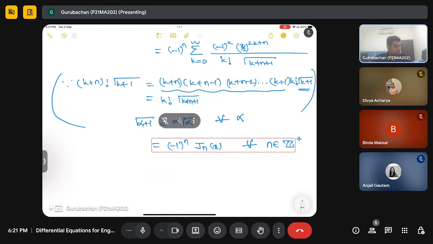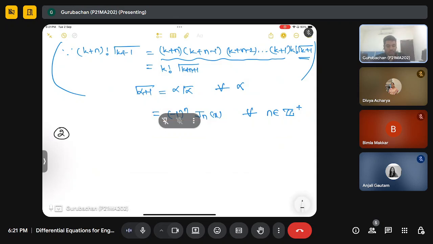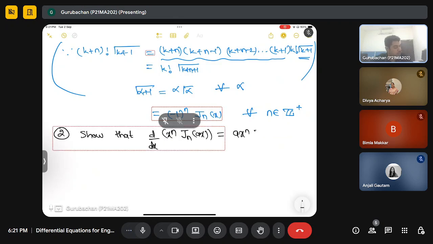In the next question, we use a different property to show that d/dx of x to the power n J_n(ax) is nothing but a x to the power n J_(n-1)(ax).